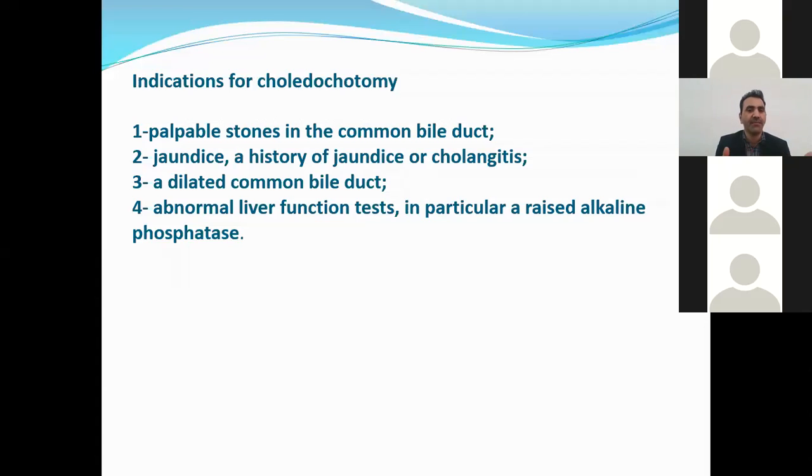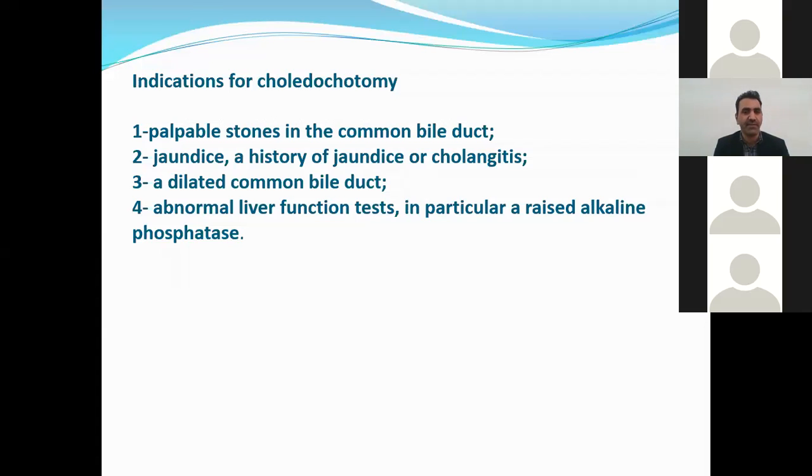Three, dilated common bile duct. During cholecystectomy, we discover there is dilatation of the bile duct. We know the diameter of the common bile duct is 3 to 8 mm. When the surgeon discovers it is dilated, about 1.5 cm, meaning 15 mm, you should explore the CBD for any cause of this dilatation.